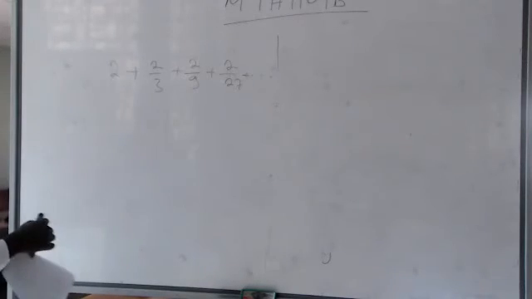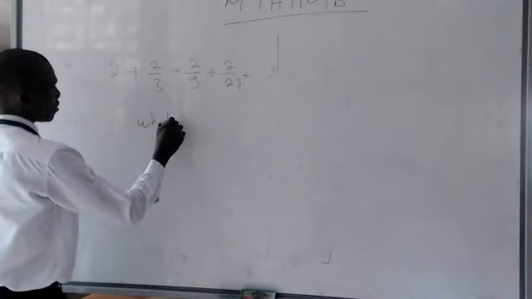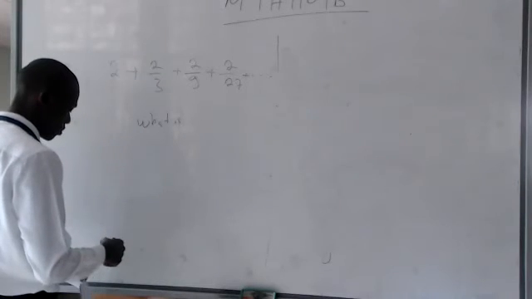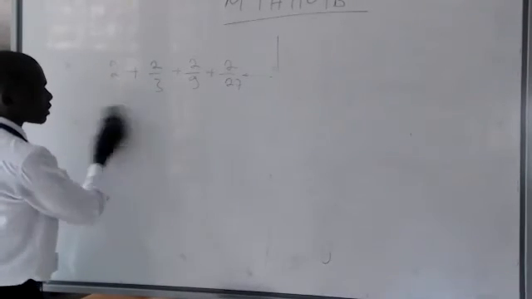Anyone remembers what's a geometric series? A series in which the ratio of any two successive terms is constant. Good. The ratio of any two successive terms is constant.